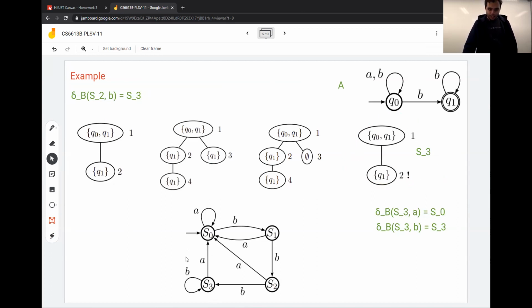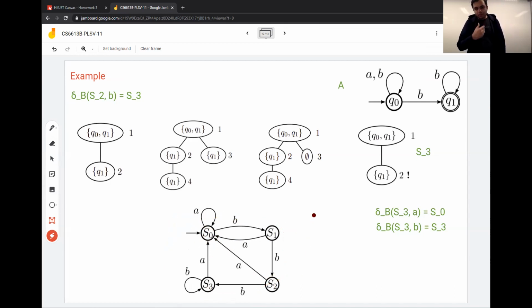So this is the deterministic automaton that we get. And as you see, every state of our automaton is actually a Safra tree. So I had 4 different Safra trees, S0, S1, S2, and S3, and this is the automaton that they get.